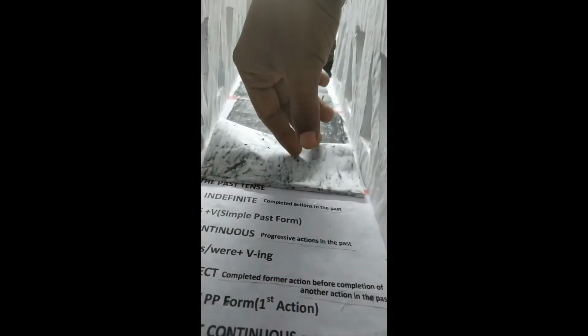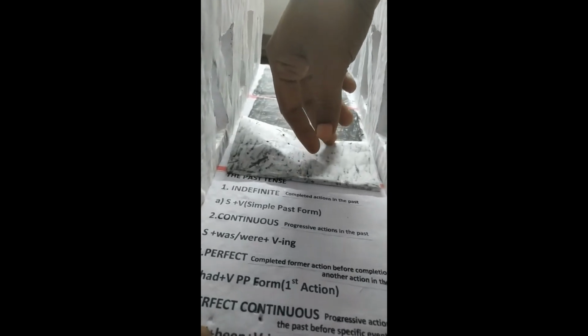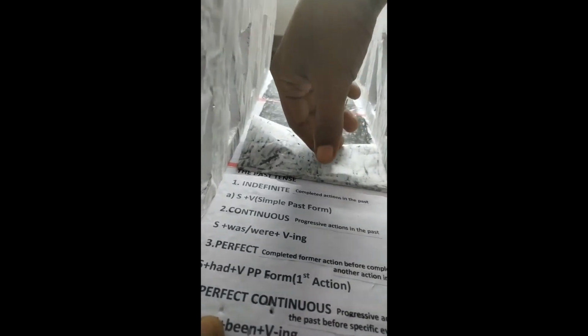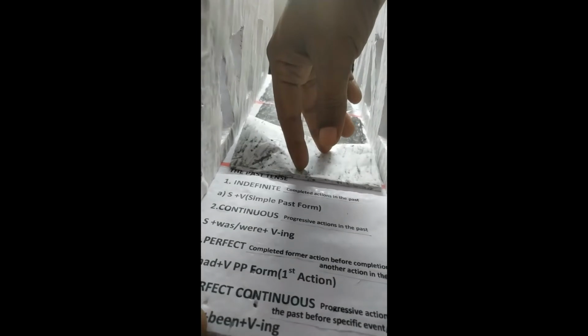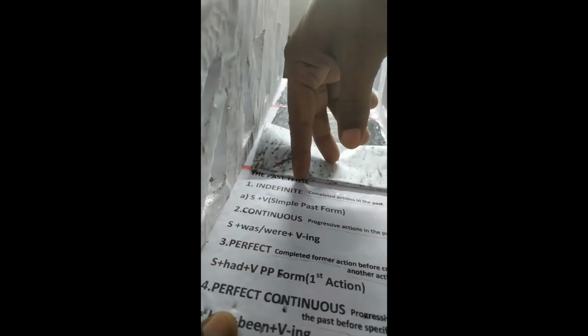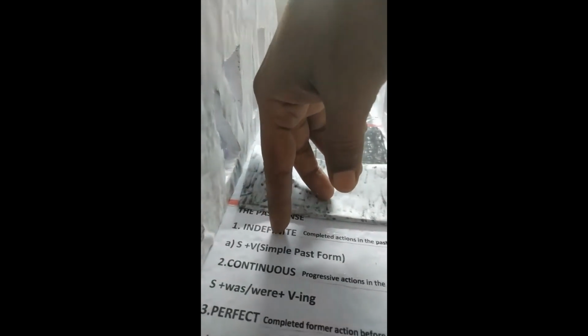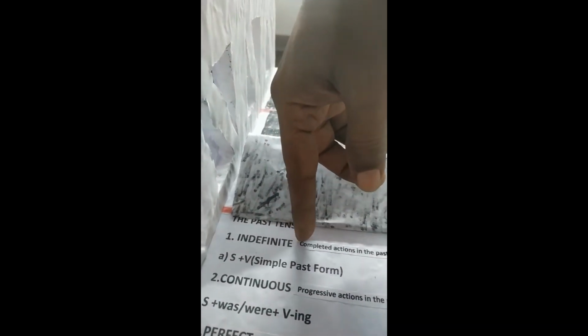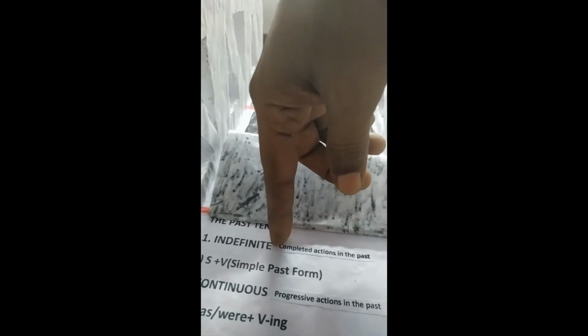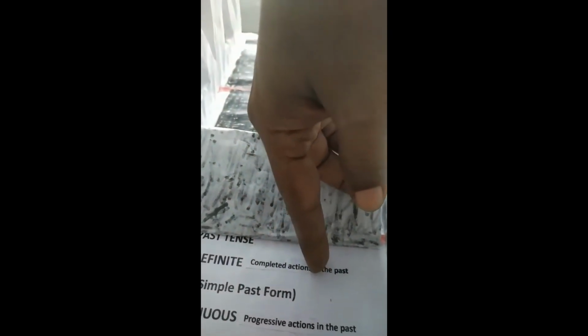And I have already given the different definitions of each and every part of the past tense. First, the indefinite tense. The indefinite tense indicates the time of action which was completed in the past.